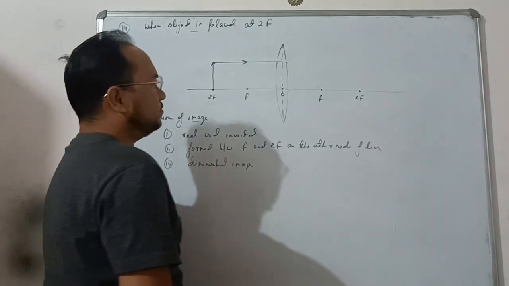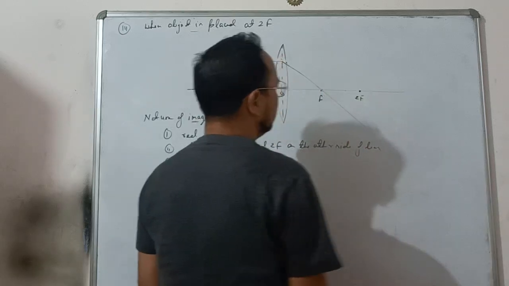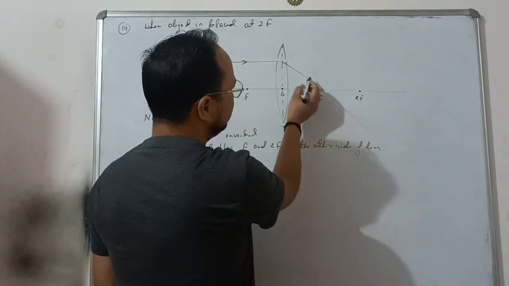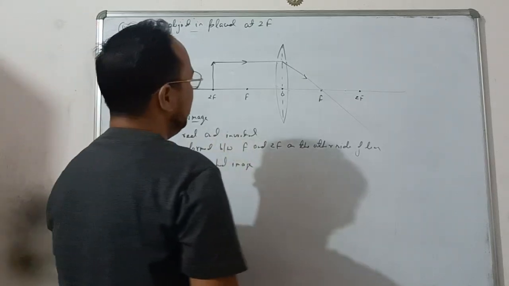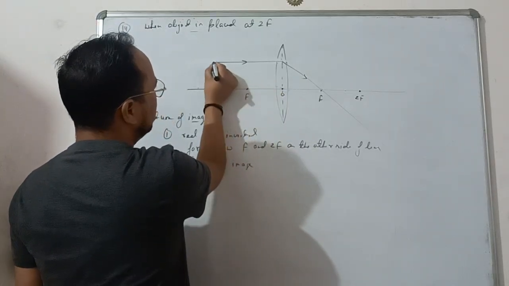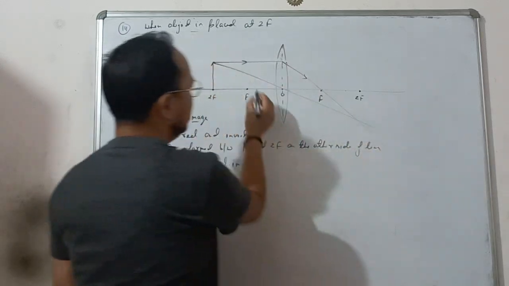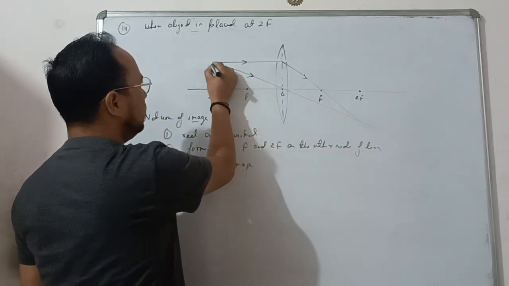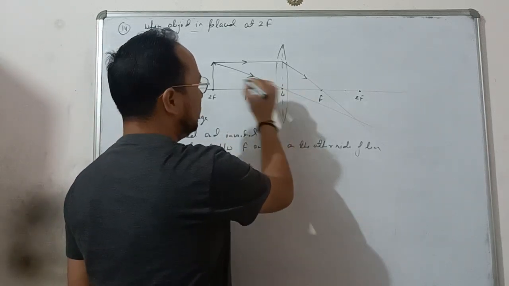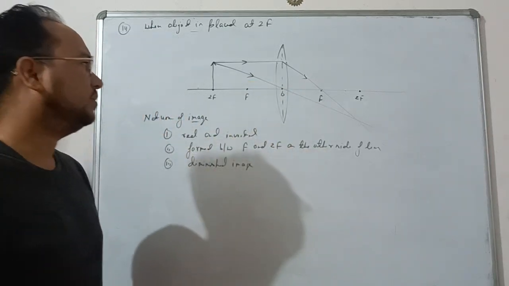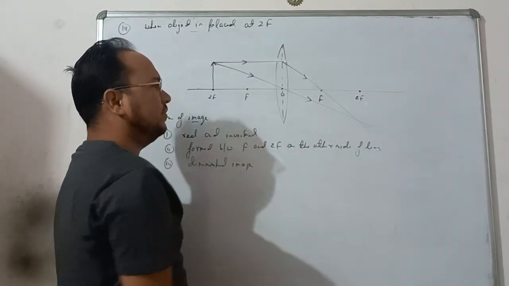After refraction, it will pass through the principal focus. This is our refracted ray. And the second ray we will pass through the optical center. This is our incident ray, and as we all know, the incident ray which passes through the optical center goes undeviated. So this is its refracted path.